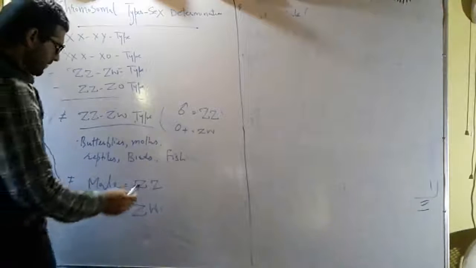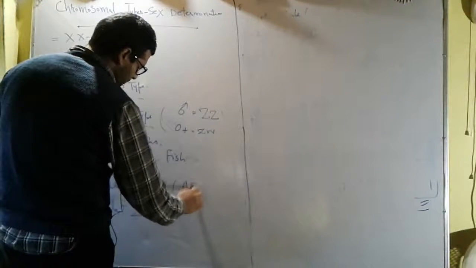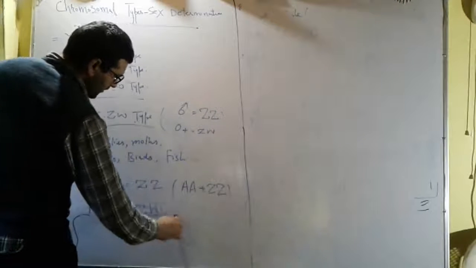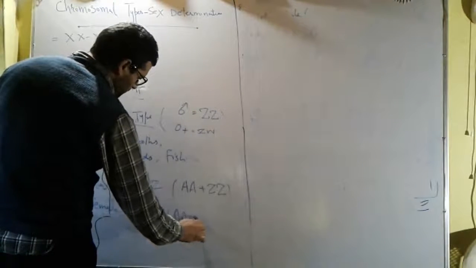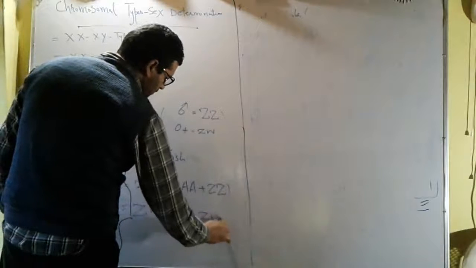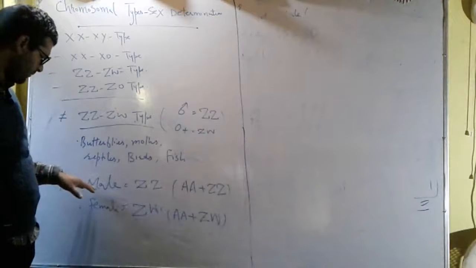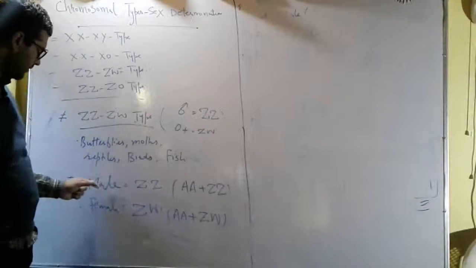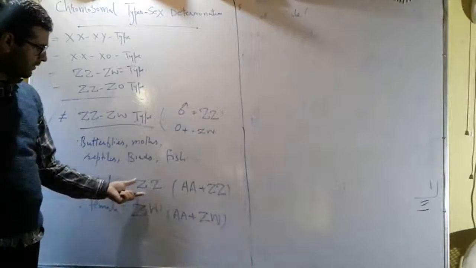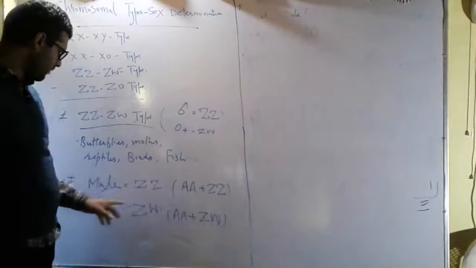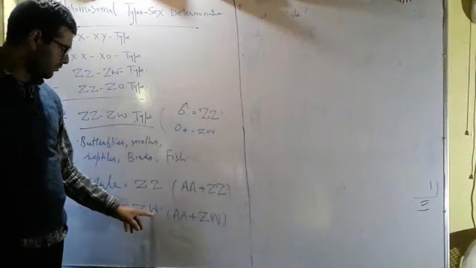So we can say that this male is having autosomes plus 2 sex chromosomes ZZ, and female has autosomes plus 2 sex chromosomes, one is Z, another is W. So as we saw here, in males the sex chromosomes are ZZ, whereas in females the sex chromosomes are ZW.